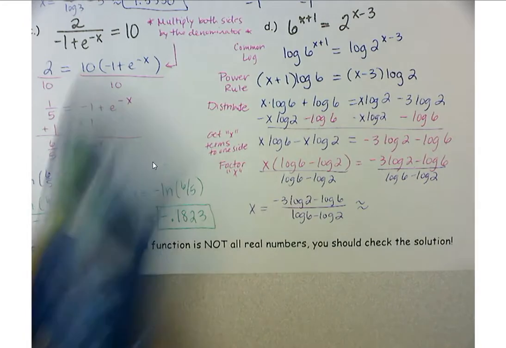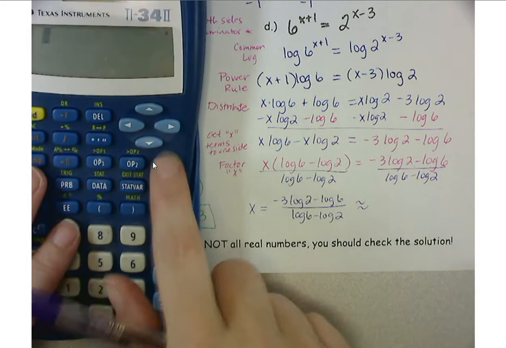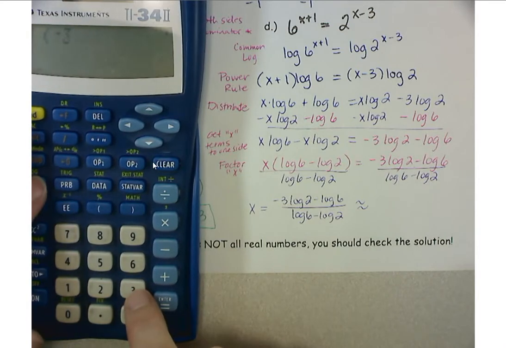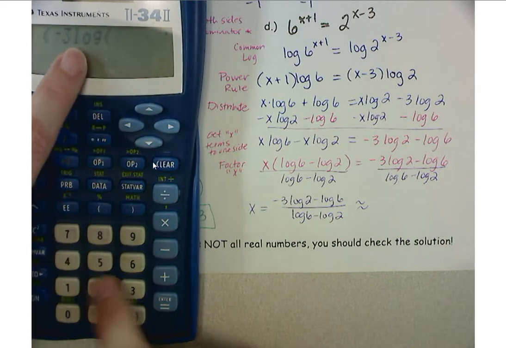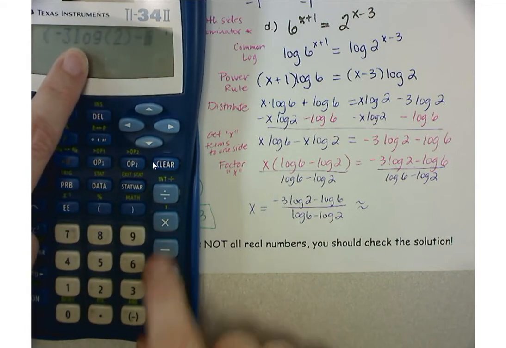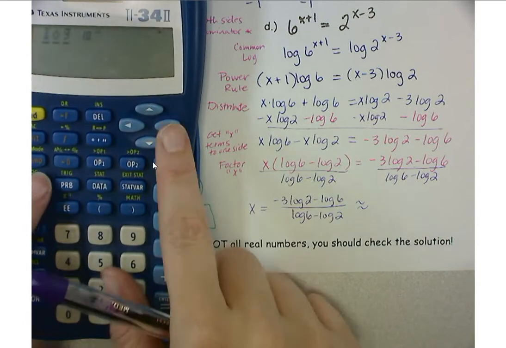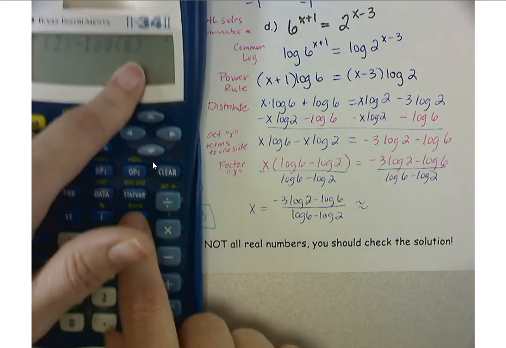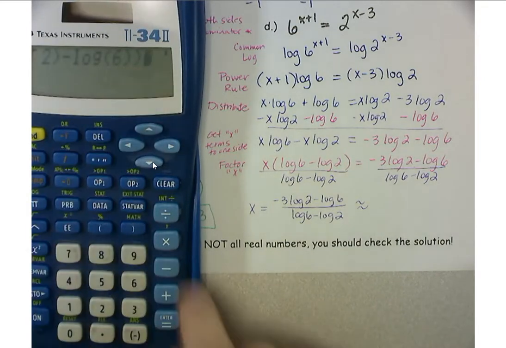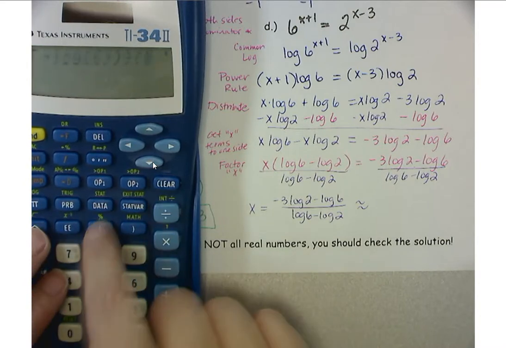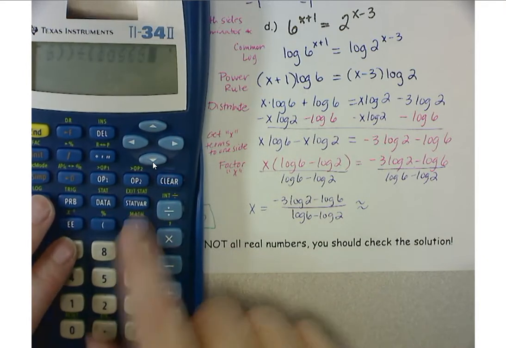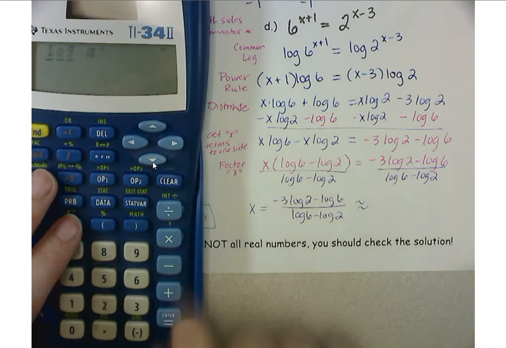Now, if you do that all at one time, that's fine. You just have to remember that parentheses are your friends. Negative 3 log of 2 minus log of 6. Not only do you have to close this, but you have to close it for the numerator, divided by parenthesis for the denominator, log of 6, close it, minus log of 2, close it, close the bottom.